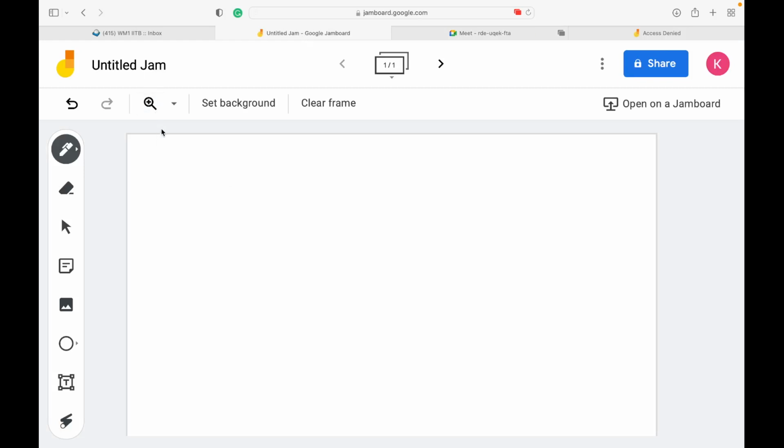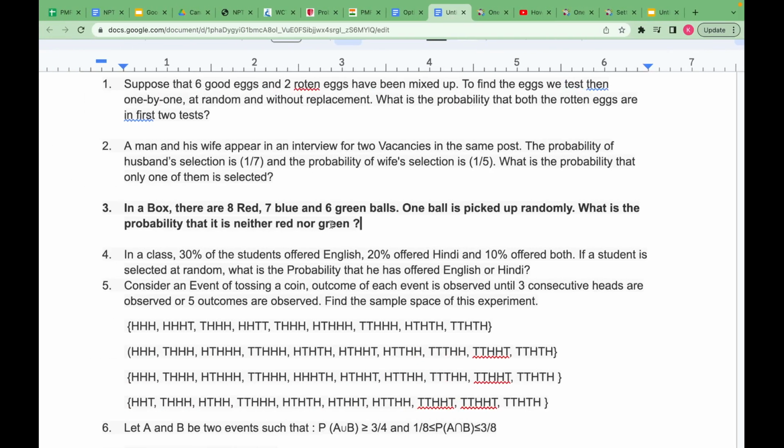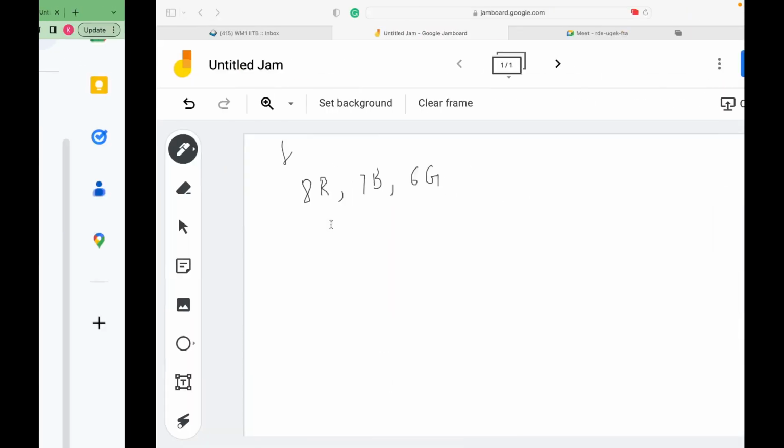So there are a total of 8 red balls, 7 blue balls, and 6 green balls, right? And we want to find the probability that, if one ball is picked, it will be neither red nor green.